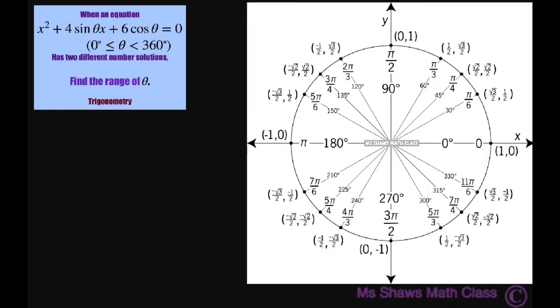So let's do that. We have 2 cosine of theta minus 1 is less than 0. Therefore, cosine of theta is less than, you add the 1 divided by 2, 1/2. All right. So we want all values less than 1/2. So we have 1/2 here.